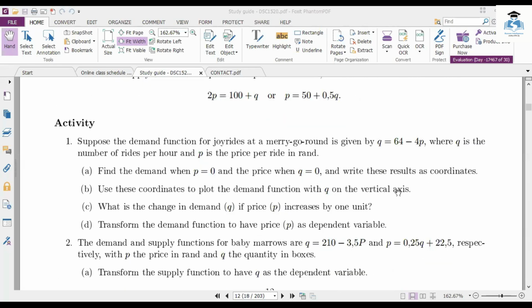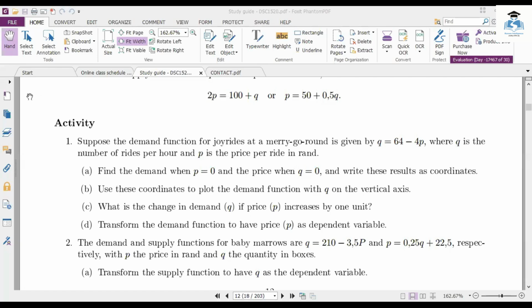All right, here is the example. Suppose the demand function for joyrides at a merry-go-round is given by Q is equal to 64 minus 4P, where Q is the number of rides per hour and P is the price per ride in rand. So find the demand when P is equal to 0 and the price when Q is equal to 0, and write these results as a coordinate.